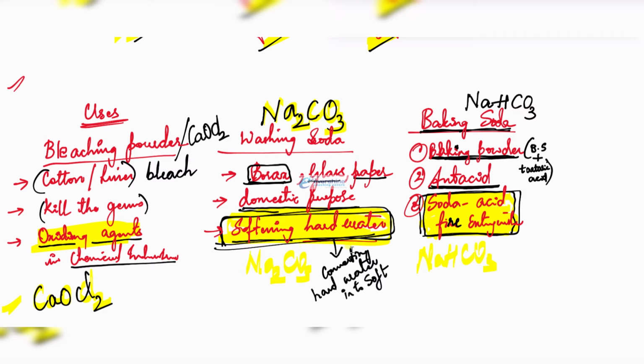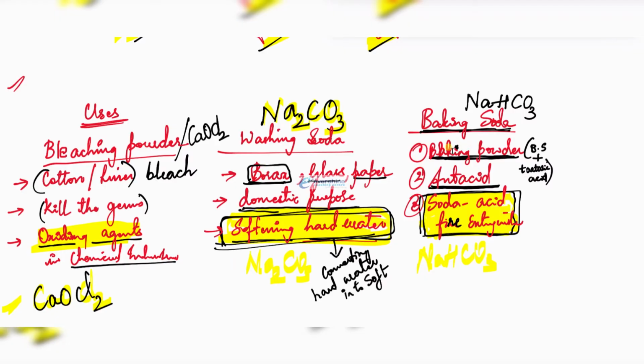This is very important because this term has already appeared in the exam. Washing soda is used in softening hard water and also in the manufacturing of borax. So this term has already appeared in the question paper. Don't forget the borax name and softening the hard water.